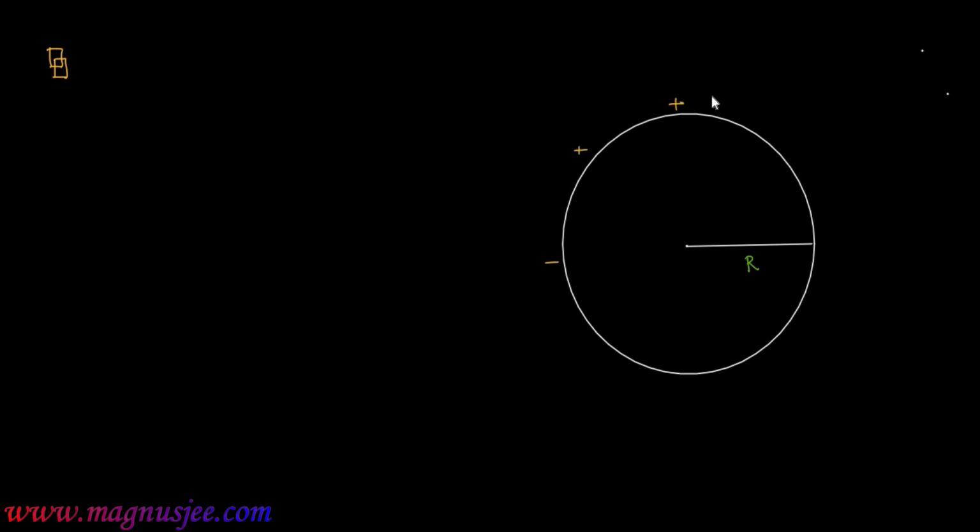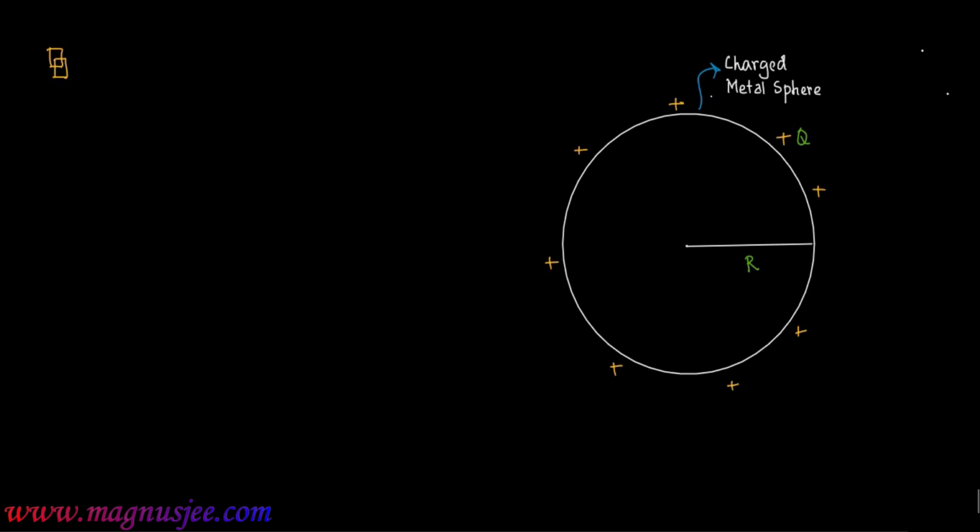Again we can consider that the charged metal sphere has the charge q, and this charge q exists on the surface of this sphere, and this is an alternative process to find the energy stored by this charged metal sphere.